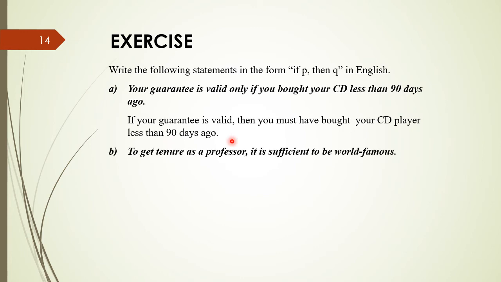The second conditional statement, to get tenure as a professor, it is sufficient to be world famous. Students, this conditional statement is in the sufficient form, and the sufficient form is its P form or its if part. Therefore, when we convert into if P then Q form, it would be, if you are world famous, then you will get tenure as a professor.